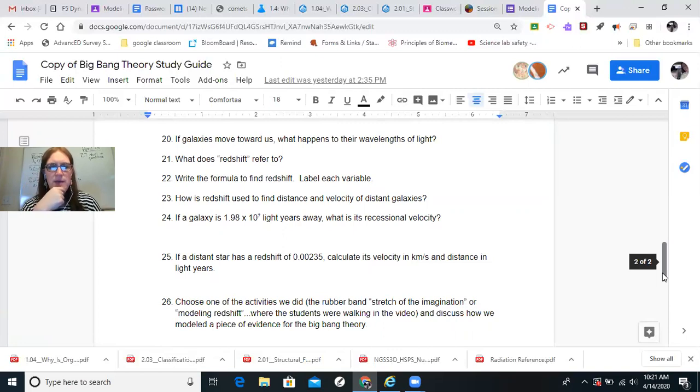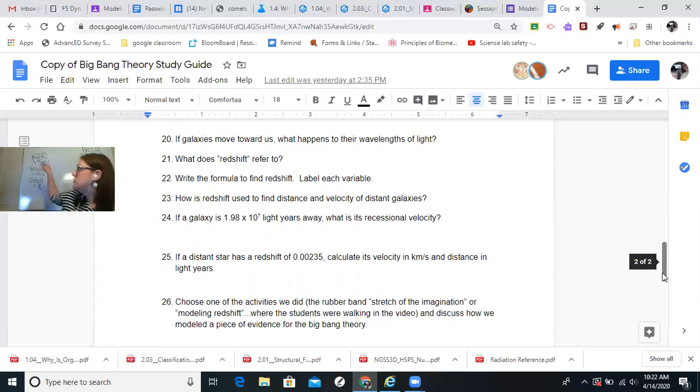So number 23, how is redshift used to find distance and velocity of distant galaxies? Now, here's how this is going to work. I simply want to know that you understand redshift is specific to whatever galaxy you're talking about, or to a star. Redshift will change depending on whatever galaxy or star that you're looking for.